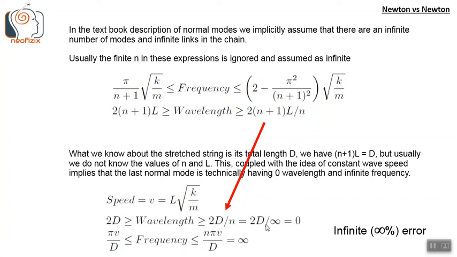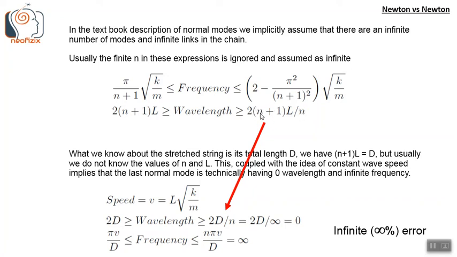So we use D in place of n plus 1 L, and we carry forward the n, and unmindful of the fact that this n and the top n are the same, we just put n as infinity below. So in effect, it creates that the wavelength does not have any lower limit, it becomes practically zero.